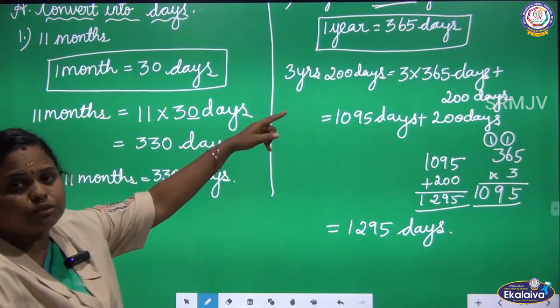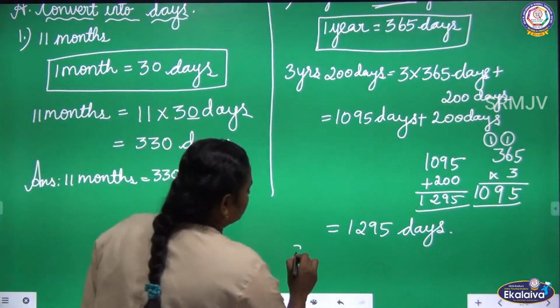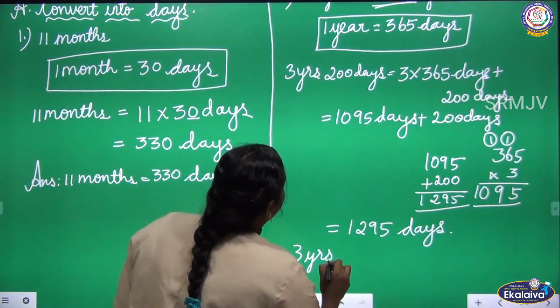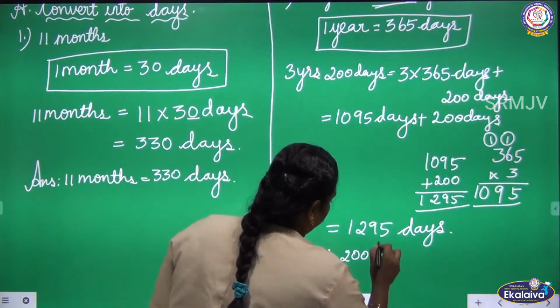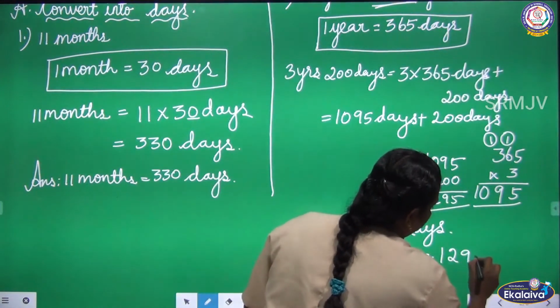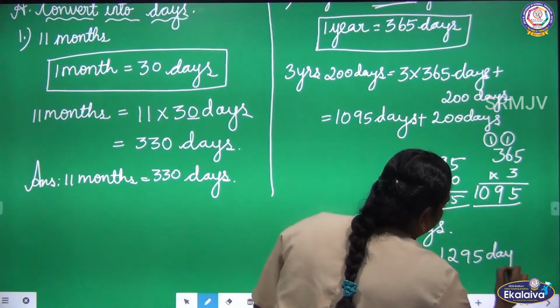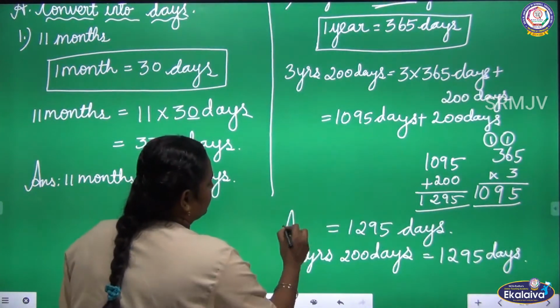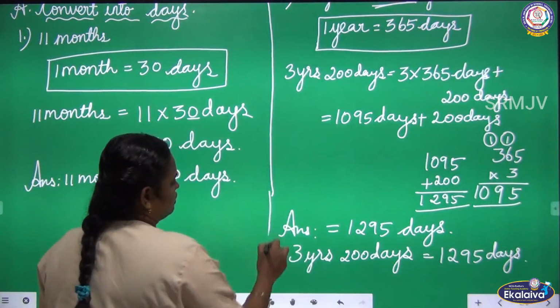So 3 years 200 days equal to 1295 days. You can write this as answer.